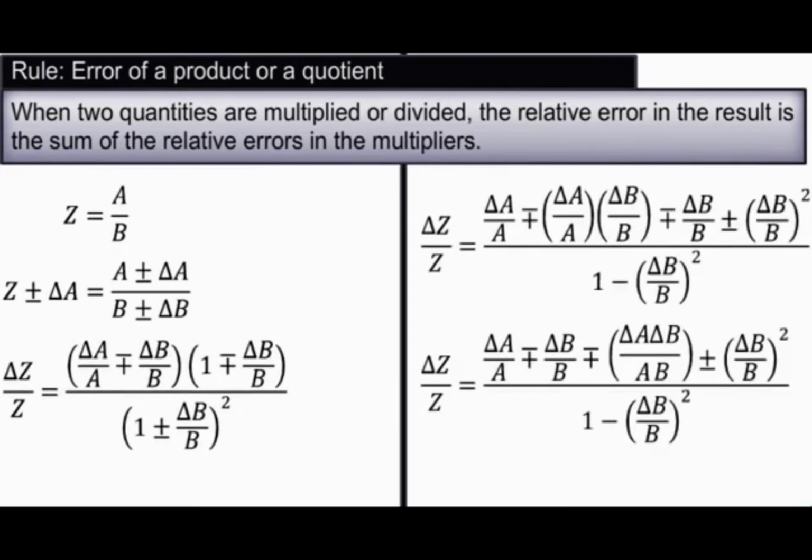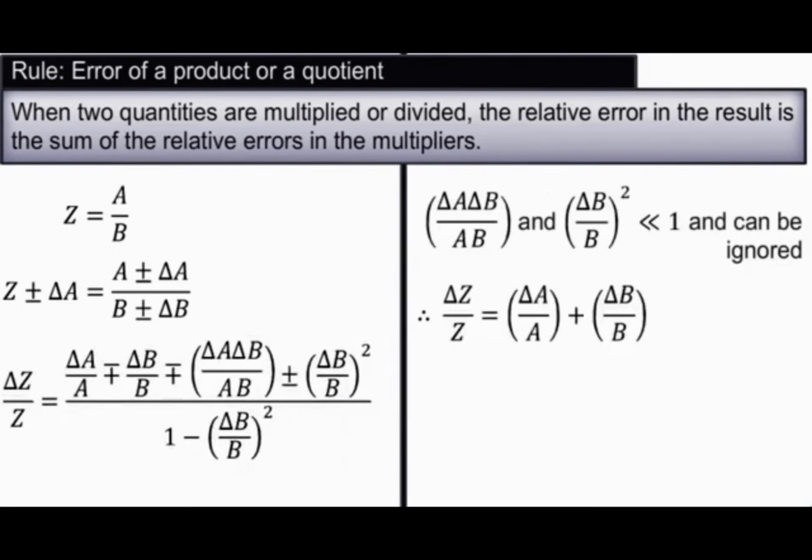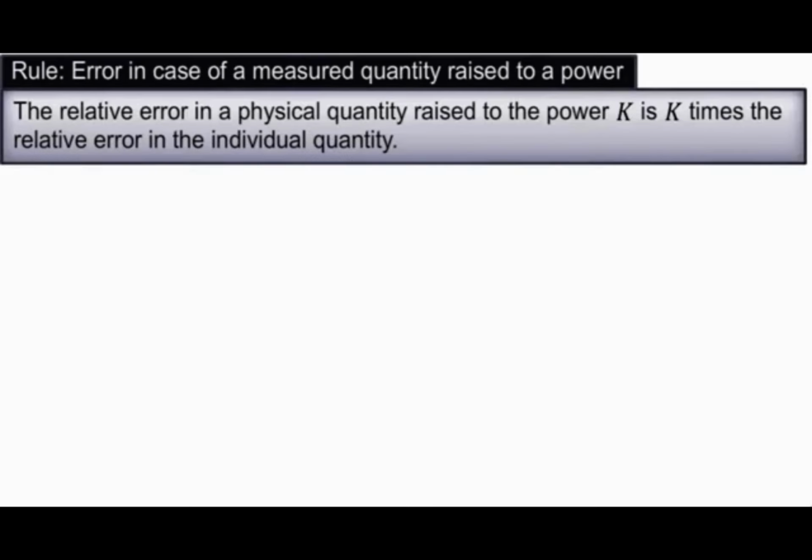The relative error in a physical quantity raised to the power k is k times the relative error in the individual quantity. If Z = A², then ΔZ/Z = ΔA/A + ΔA/A = 2ΔA/A.